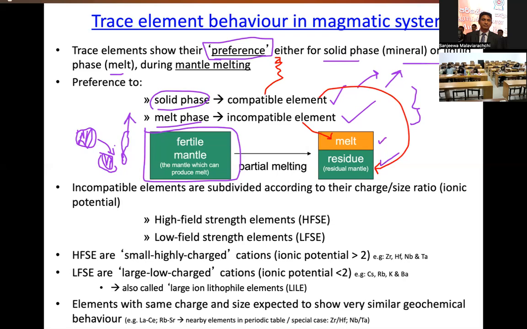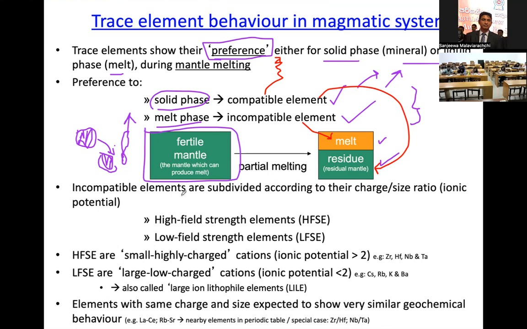A little amount of compatible elements will be going into the melt, because they will remain in the mantle mainly because of a property called compatibility. We'll discuss these things later in detail.